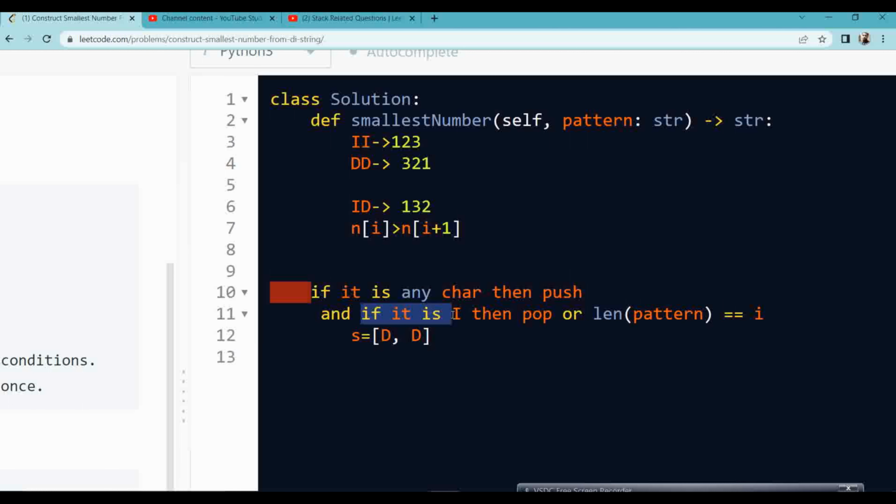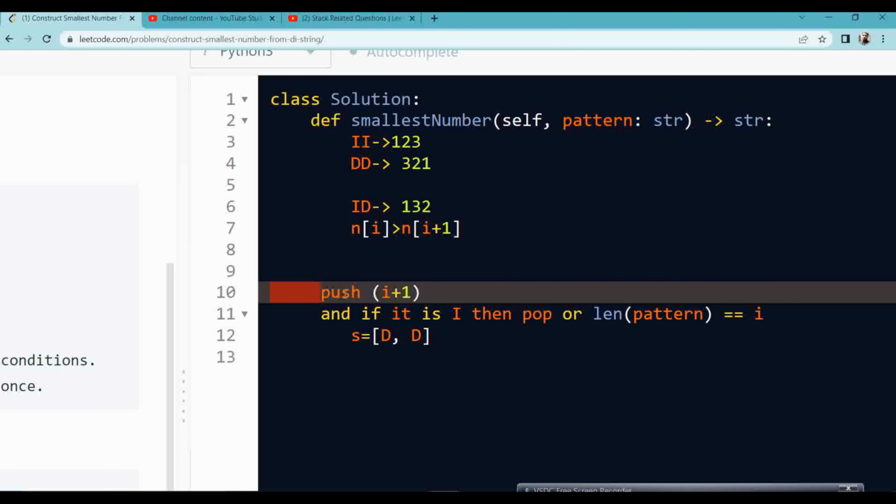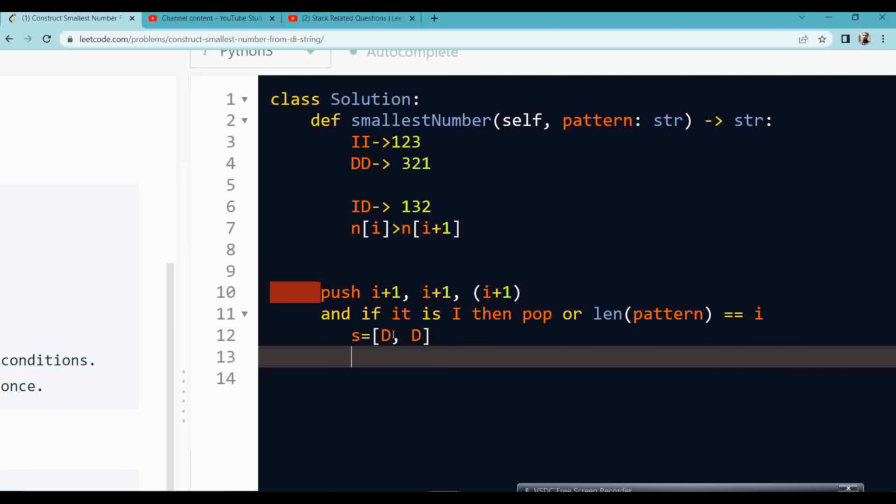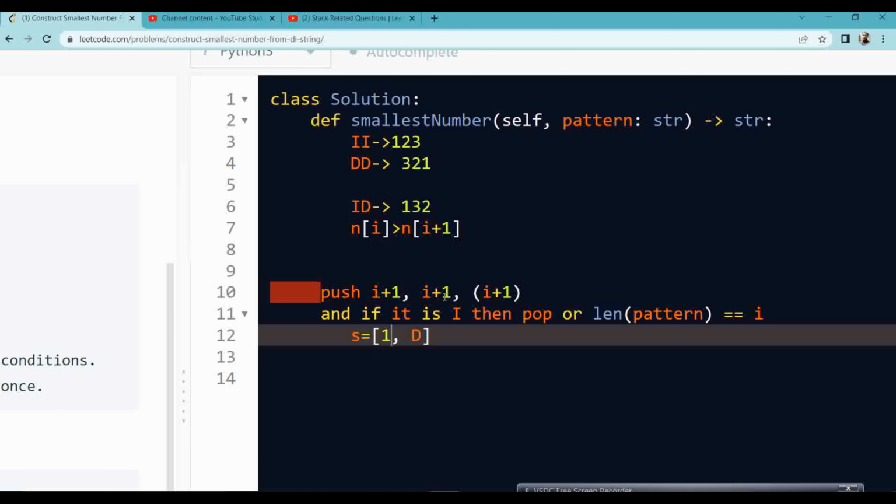So if it is any character, then I need to push i plus 1, and if it is I, then pop. For push, first I have pushed i plus 1, which is 1, then again i plus 1, which is 2.